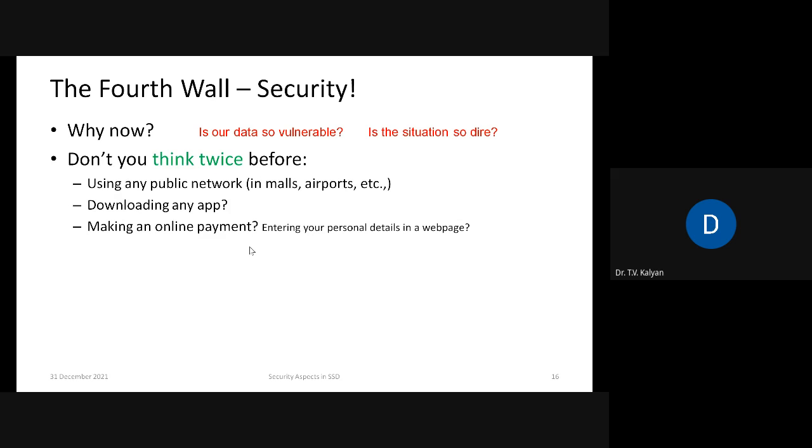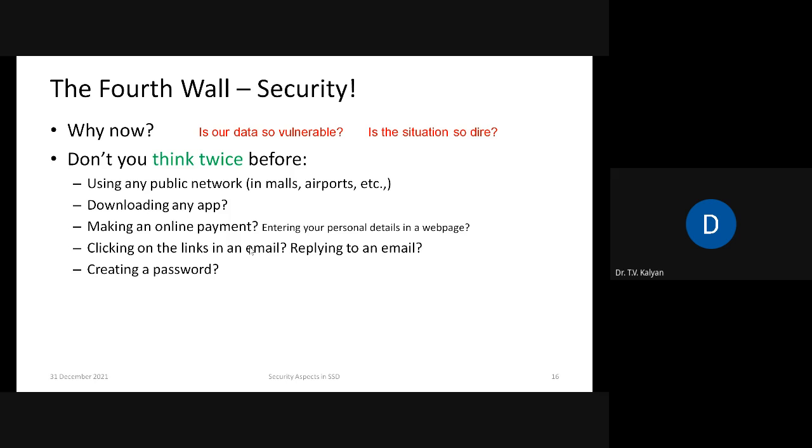And when we are making an online payment, whether it's shopping or even simple internet banking, we check the link twice, whether it is a secured link or not. And even when we are checking our emails, we think twice before clicking any links that are part of the emails. We first try to gain some confidence that it is from a trusted sender, and only then are we going to open it. Otherwise, we have a lot of cases of Trojans and malware.